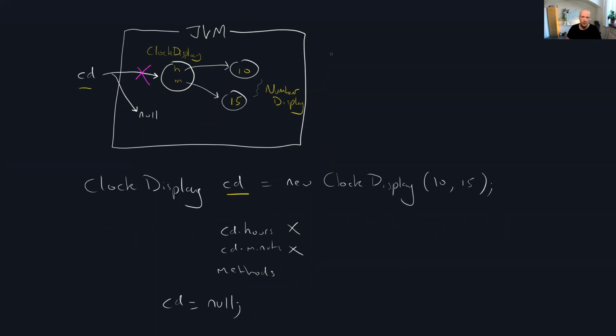So once again, eventually the garbage collector will come along, notice that they're no longer reachable by any references, and they will be cleaned up. But this is how we get slightly more complicated programs: we have instances that start creating instances within them. We get this much more complicated model.